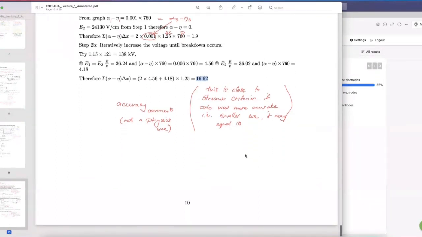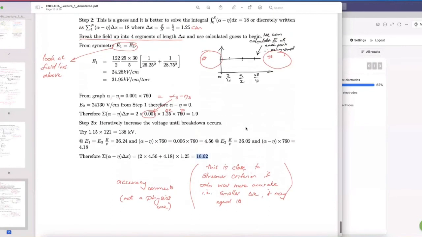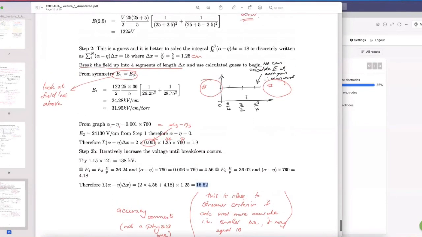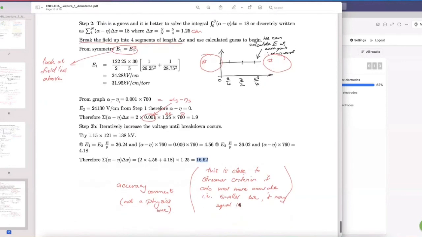There are ways to make it more accurate. We didn't divide it up very much, so we didn't have very accurate values close to the surface of the electrodes. So if we divided it by 8, we'd probably get a more accurate value. If we divided it by 16, it would again be more accurate, and it may be closer to 18.